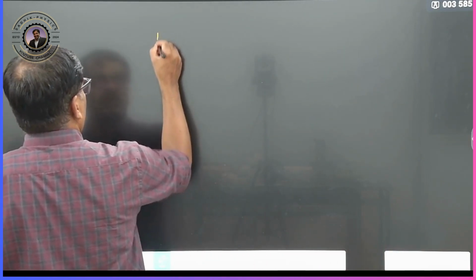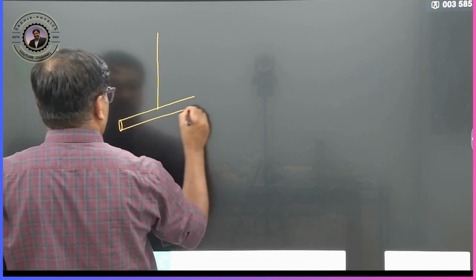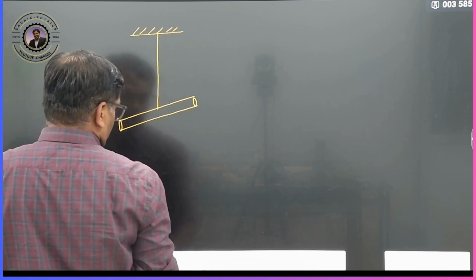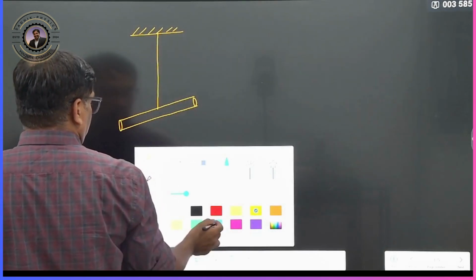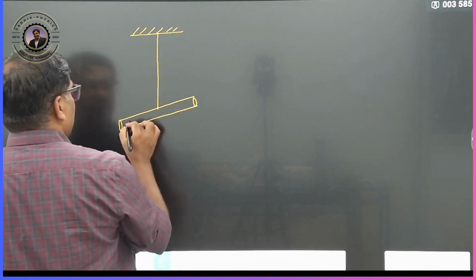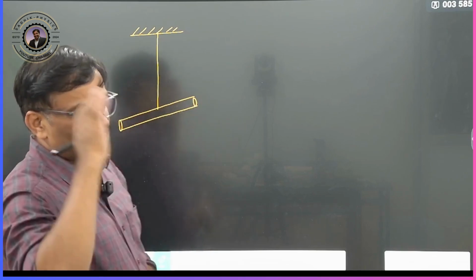Therefore, I will take one glass rod and keep it here, freely suspended. Now again, due to rubbing the glass rod with the silk cloth, it is gaining some property. Which property, we don't know actually, at the starting time in the olden days.